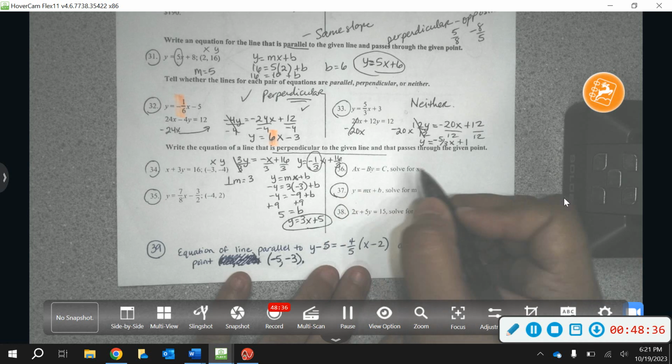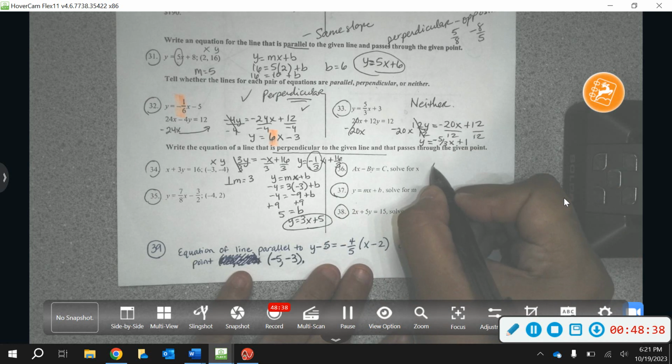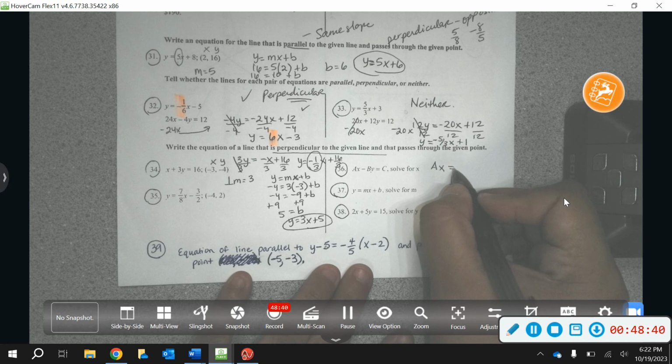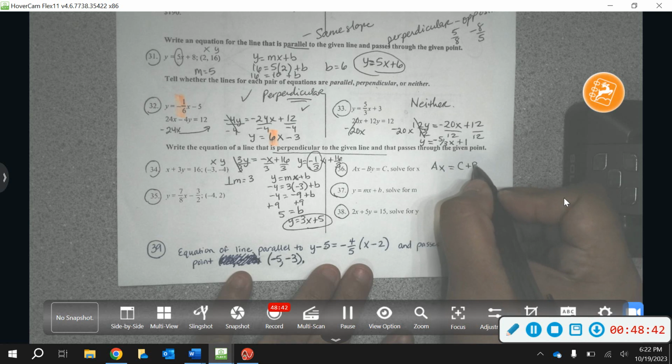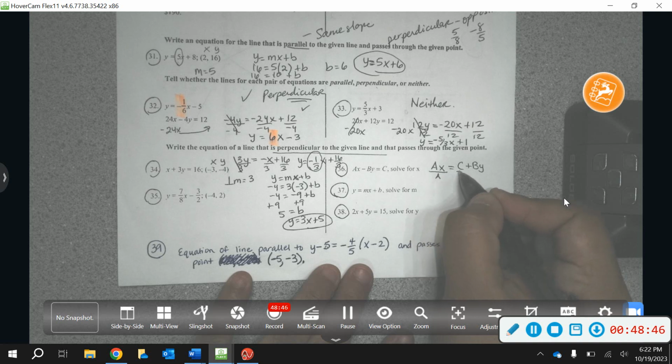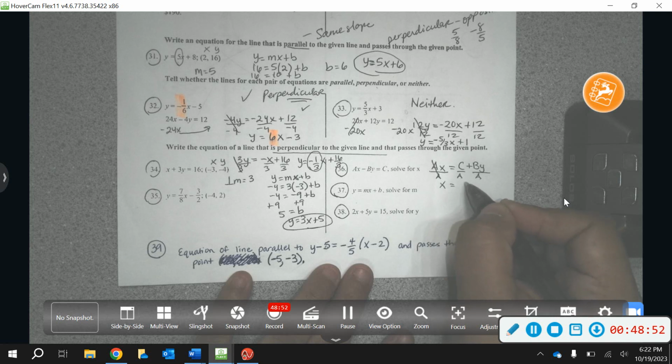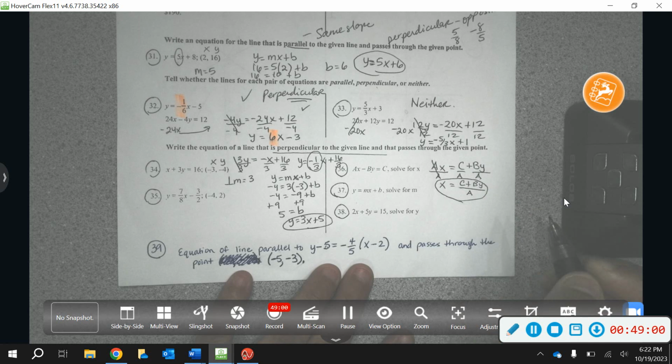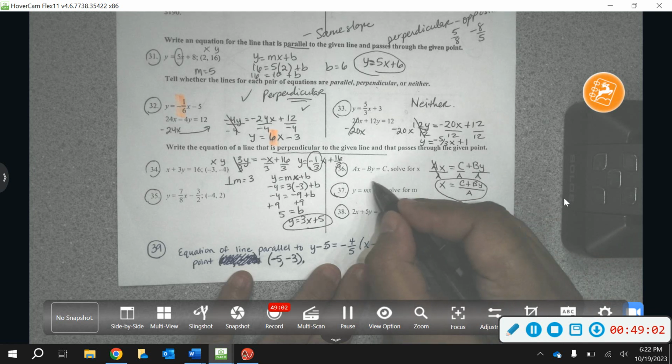Solving for x here, all you have to do is add the by and then divide by a, because I have to solve for x. So I have to divide the a and the x. So x is equal to c plus by all over a. Here I have to solve for m.